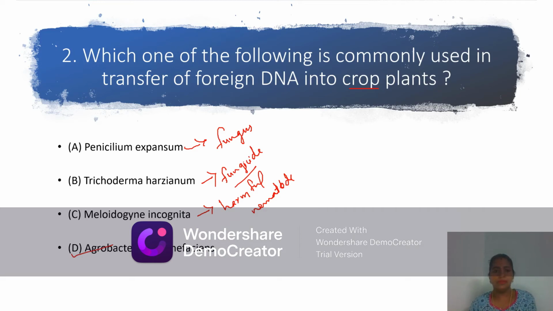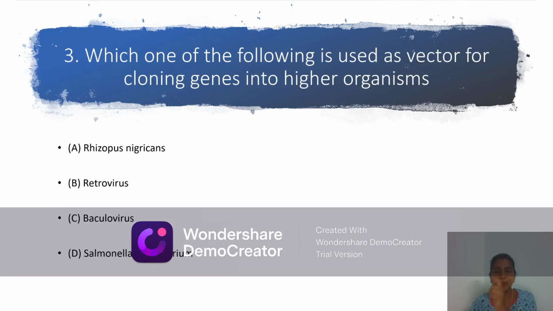Fine. Number 3. Which one of the following is used as a vector for cloning genes into higher organisms? Understand? Higher organisms. Option A, Rhizopus nigricans. What is Rhizopus nigricans?